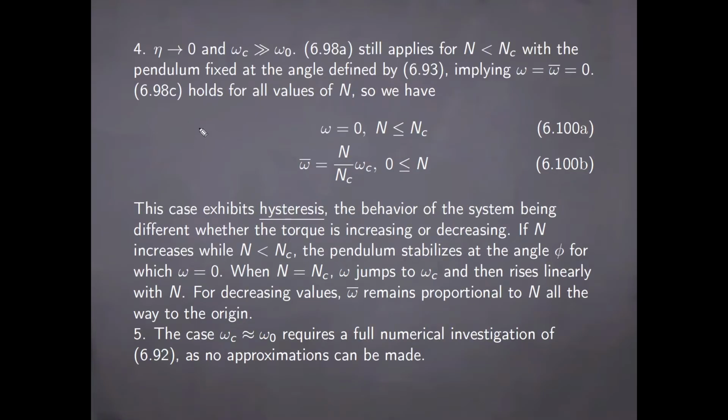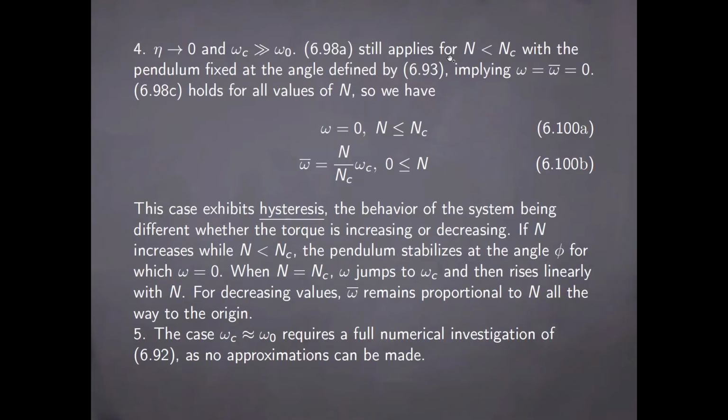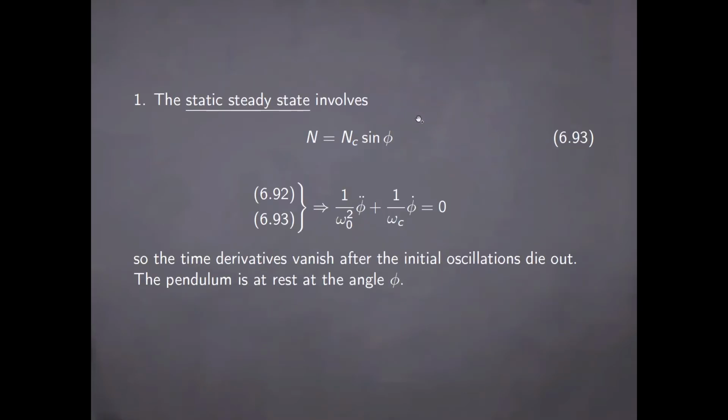For the last two cases, the fourth one involves a vanishing dissipation and a critical frequency that is far greater than the natural frequency of the pendulum, and the result 698A is still going to apply when the driving torque is smaller than the critical value, with the pendulum fixed at the angle defined by equation 693.